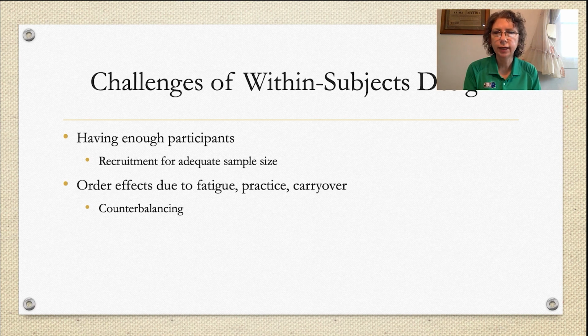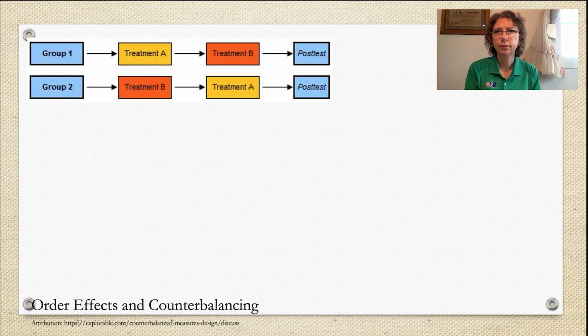So the fully counterbalance. This is easy when you only have 2 groups, when you only have 2 conditions of the independent variable. So if you have just a treatment and a control, or a treatment A, treatment B, it's pretty easy to flip those around and you've counterbalanced the whole thing.